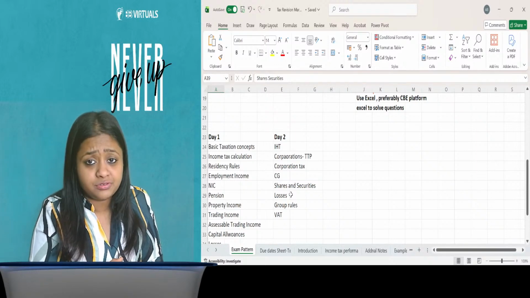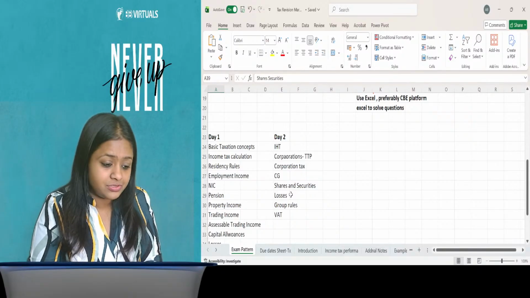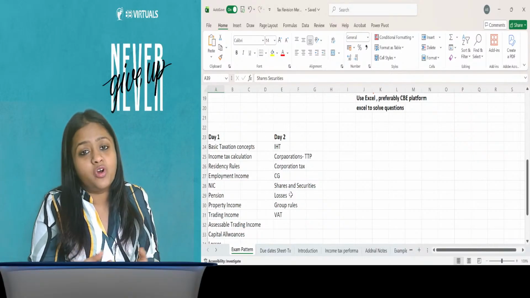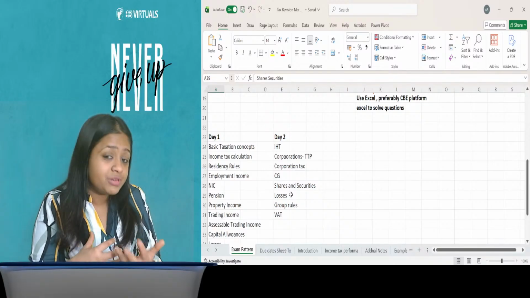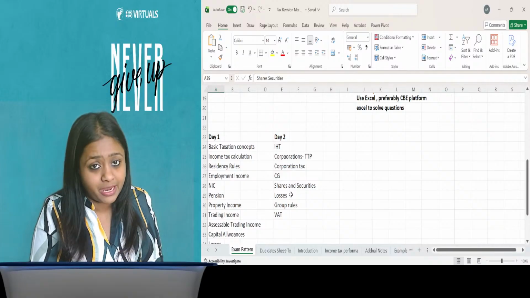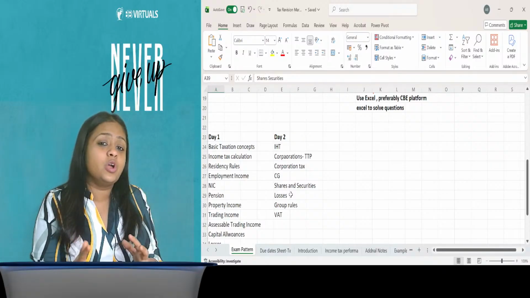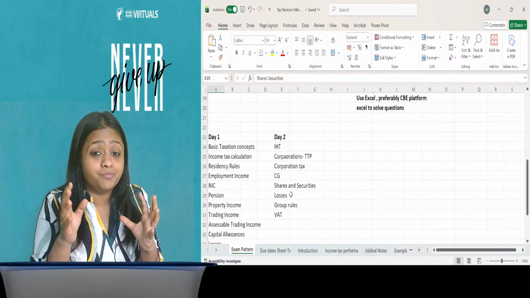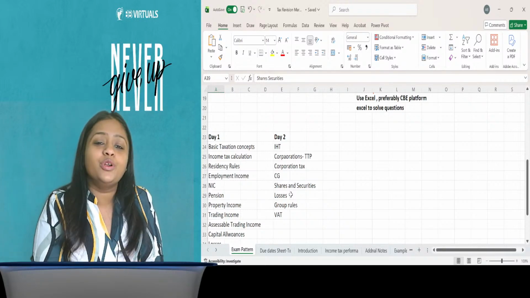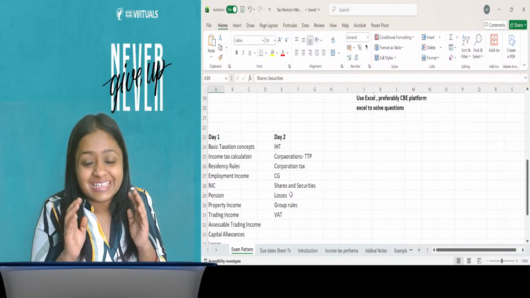For corporations, we will be covering the tax calculations, the chargeable gains calculations, the shares and securities angle, the losses treatment, the group adjustments, and group reliefs as well. Post which we will complete VAT. These are the entire topics for today, and day 1 and day 2 combined will give you 100% revision of your tax syllabus and make you completely tax ready.